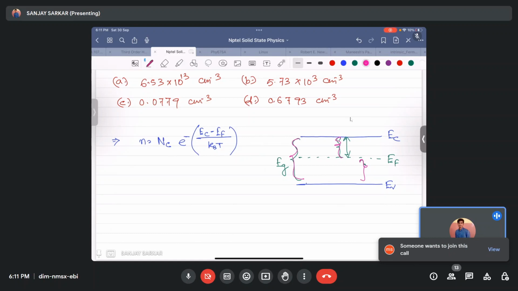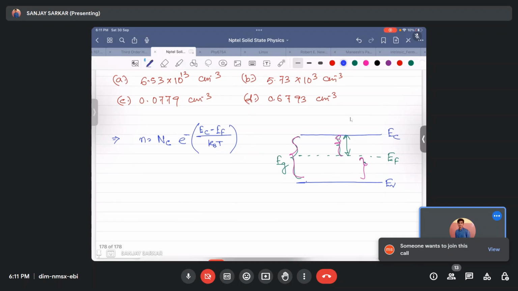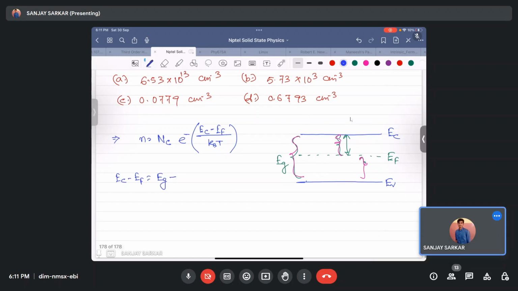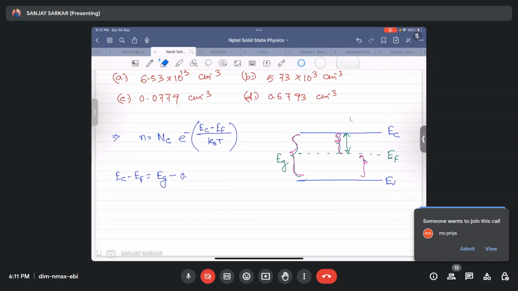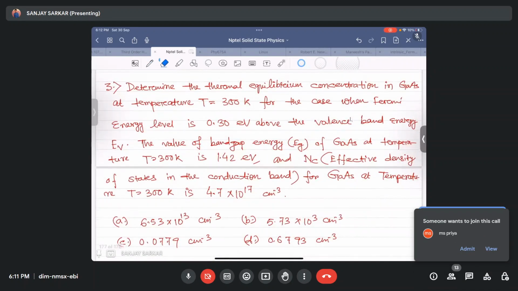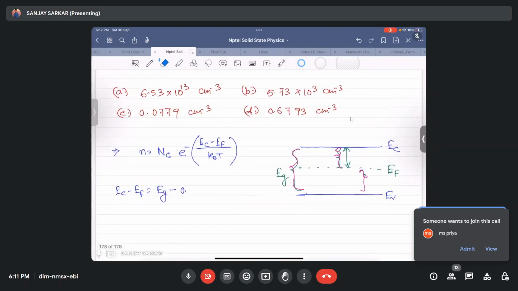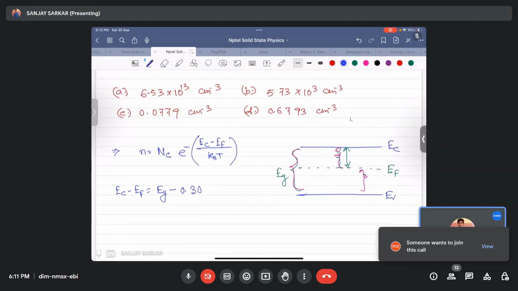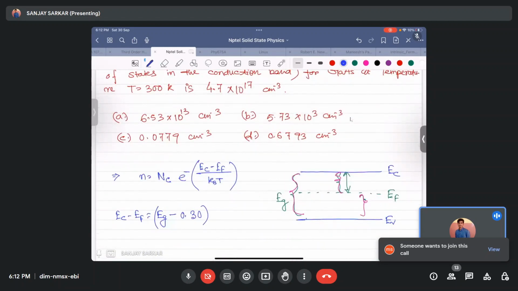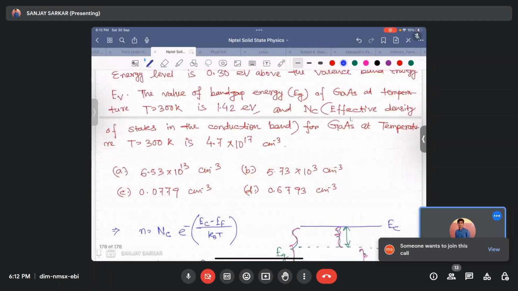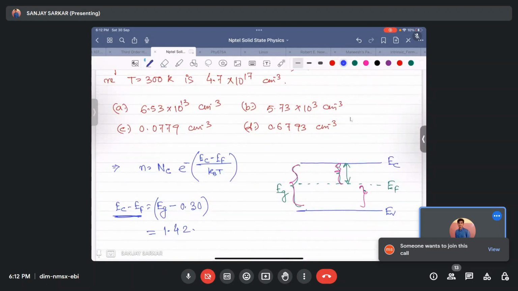What I am trying to say is EC minus EF is actually equal to Eg minus 0.30 electron volt. That is what EC minus EF is. It is not directly given. So Eg is 1.42 minus 0.30.